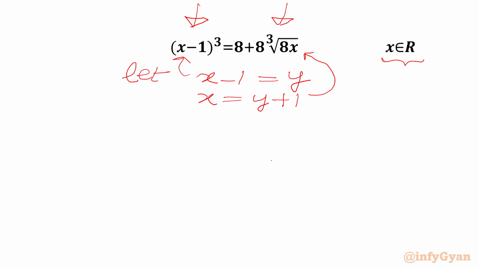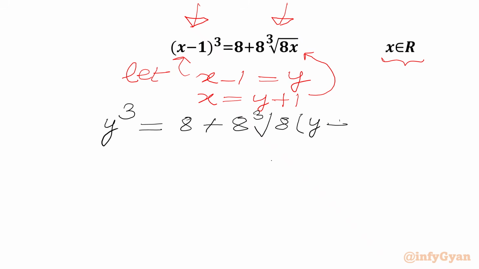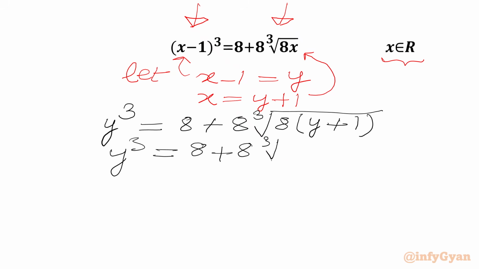So we can write our equation in variable y: y cube equal to 8 plus 8 times cube root of 8 times x. X is y plus 1. In the next step we can write y cube equal to 8 plus 8 times cube root of 8y plus 8.